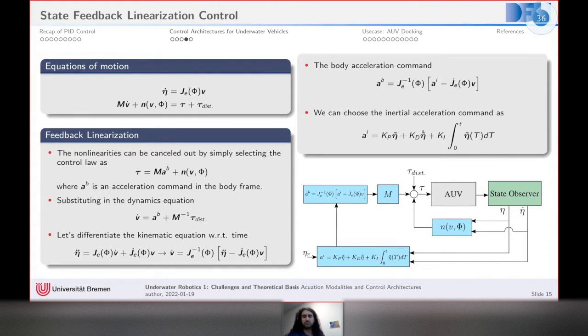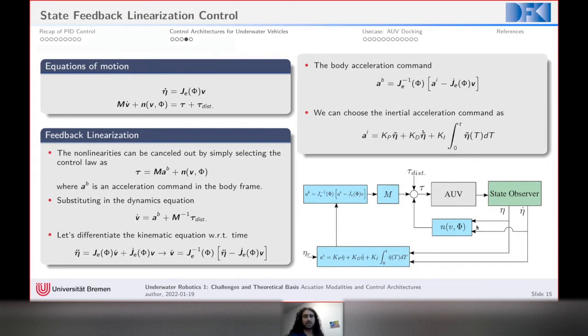And then if we draw it here, this is my system, this is my reference and this is my state observer. Now the difference is that in the feedback linearization, I take the pose and the velocities from the state observer and feed them back to my model. Of course, you can transform this using this equation to V. If you multiply by the inverse of J, you have the velocities in the body frame, or the state observer may give you the velocities in the body frame directly.